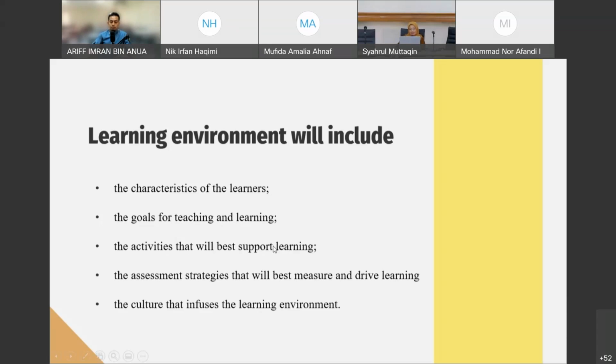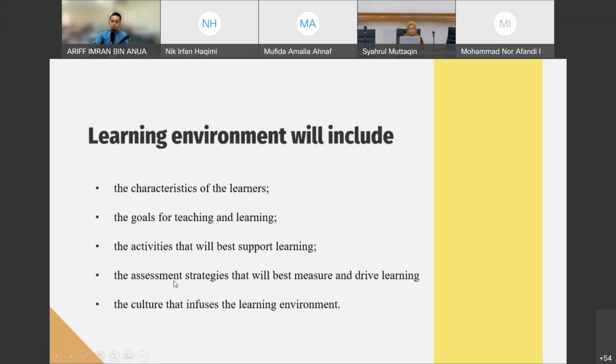And at the end of the process of the teaching and learning, it will also involve the assessment strategies that will best measure and drive the learning. The teacher will know whether the material has been transferred to the students or the learners or not by seeing the assessment.